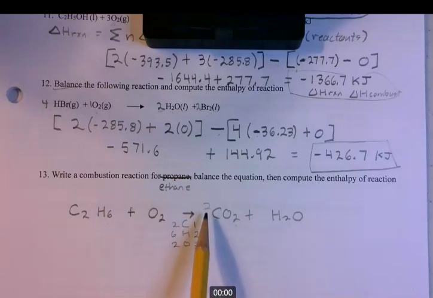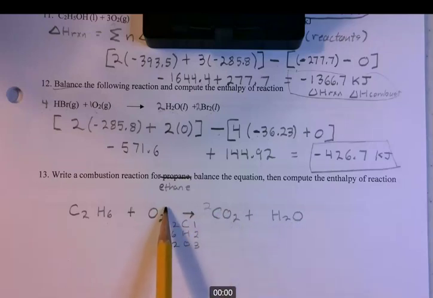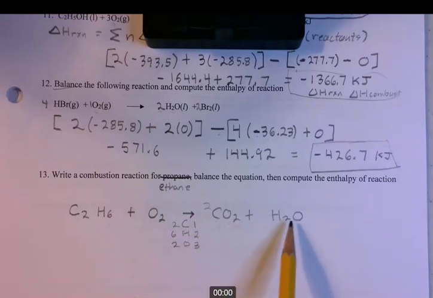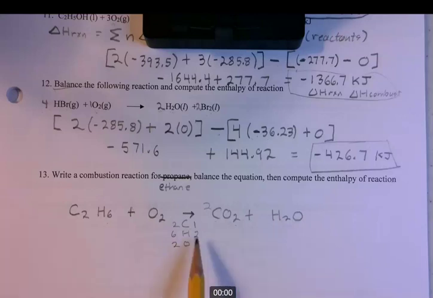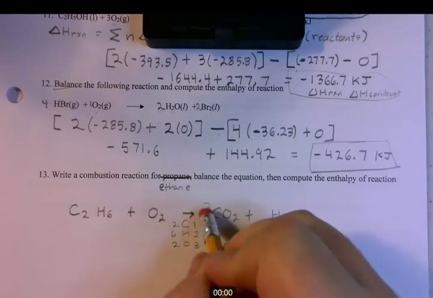So while there's nothing wrong with doing that, well, there is something wrong. You want to stay away from oxygen. First of all, it's a pure element. We talked about staying away from balancing pure elements until the very end. And then also it appears in more than one location. So even though carbon looks like it's the easiest to balance, we don't want to do it because of what it's attached to. It's attached to an oxygen. So let's stay away from that.